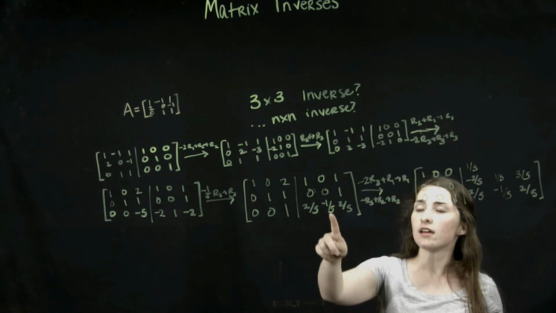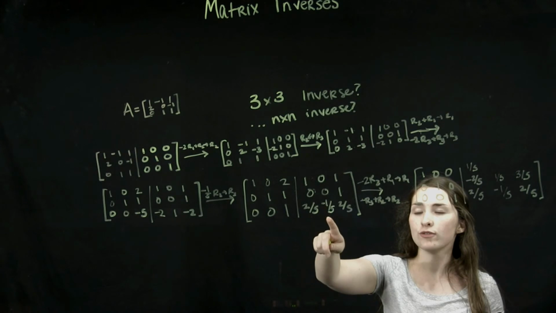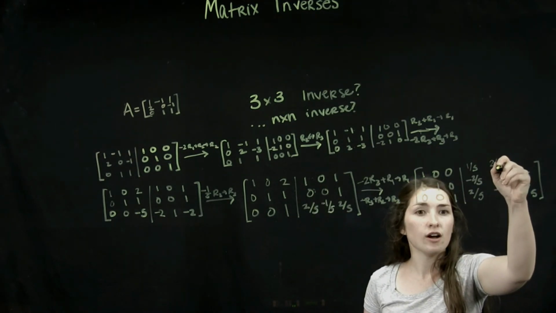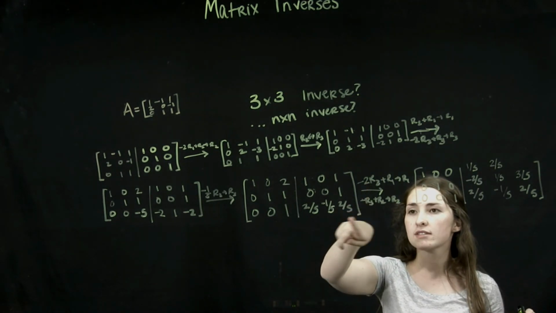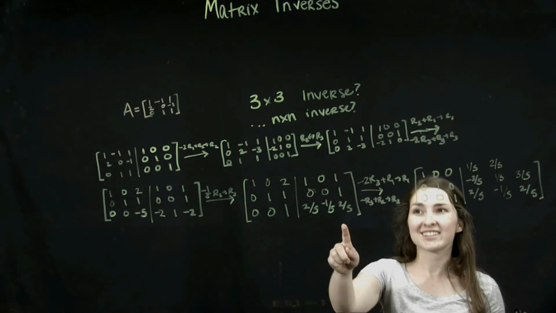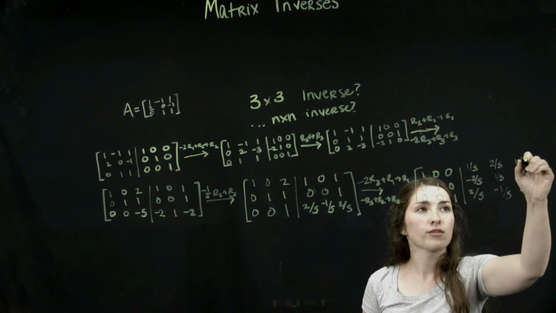And then negative 2 times this, so we're going to have 2/5 plus 0 is going to be 2/5. See, all these fractions get crazy. And then negative 2 times negative 2/5 is going to give us negative 4/5 plus 1, that's going to give us 1/5.